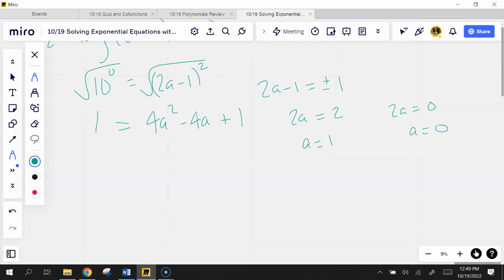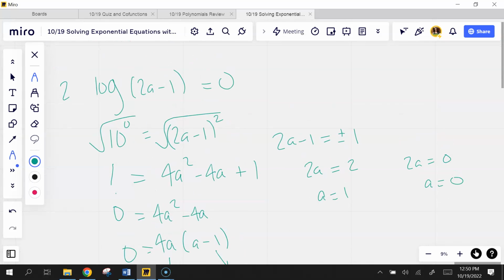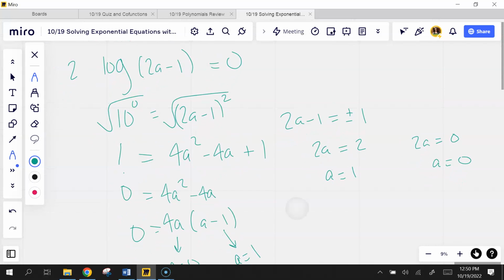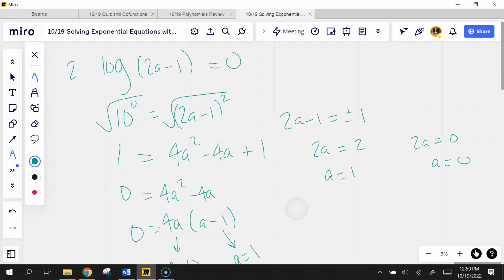Are you saying how does it match up to this one over here? Yeah, it does. You got to pick the extraneous one. If I plug in 0, it works. Sure it does. Oh no, it doesn't. You're right.